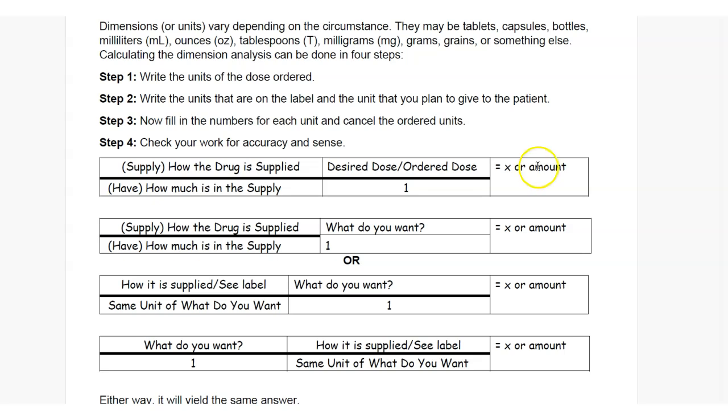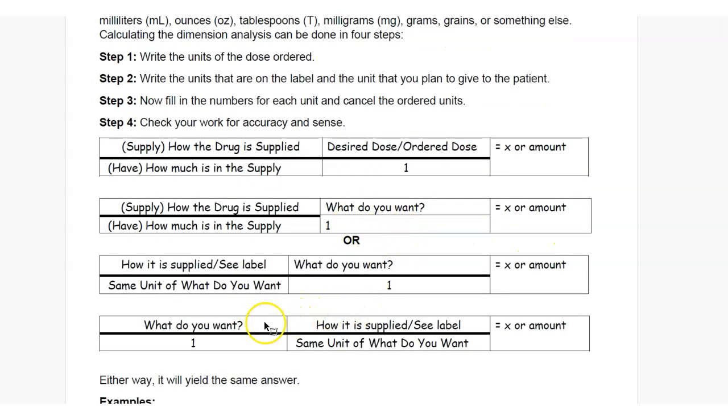So again, this is basically the same thing, kind of reworded so it's easier to understand. Another way of doing it is starting with what you want, or what was ordered by the provider, over 1. So let's say they ordered 250 milligrams of whatever tablet. Then 250 milligrams goes here. You multiply it by how it is supplied. So what's on the label?